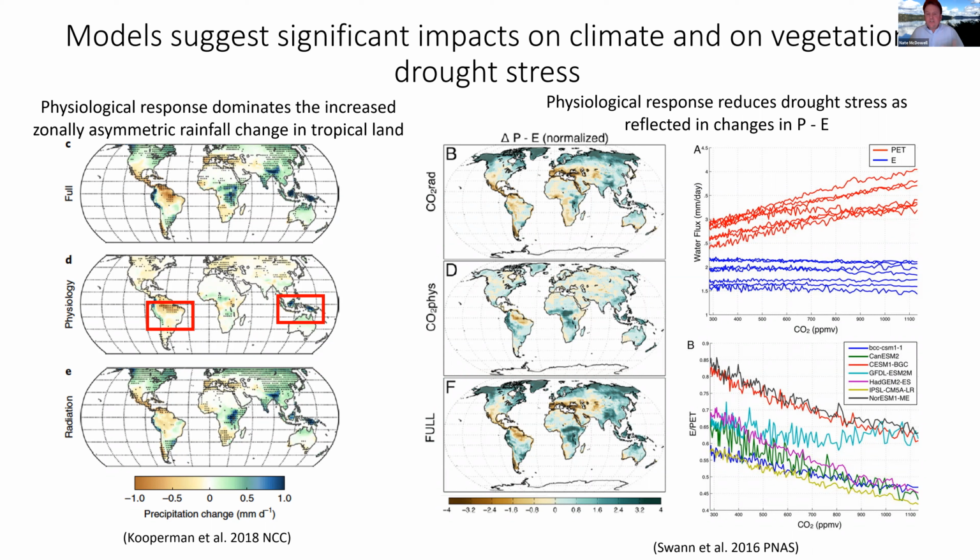And so this ratio of transpiration to VPD changes over time. And we can see that this change in precipitation minus evaporation in the maps to the left is heavily, again, potentially affected by physiology.